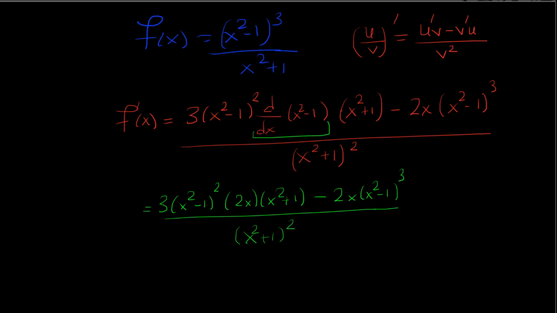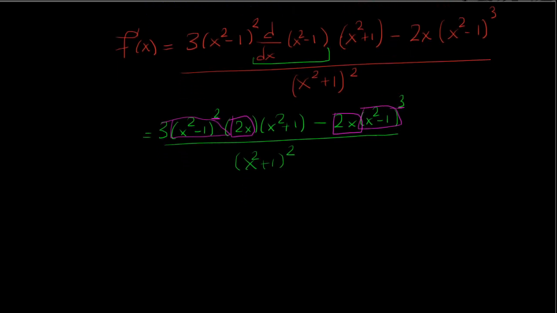Now we see what we can factor out. We see a factor of 2x and another factor of x squared minus 1. Here the candidates are 2 or 3 as the exponent. We always choose the smaller of the two, so in this case, it's going to be 2.